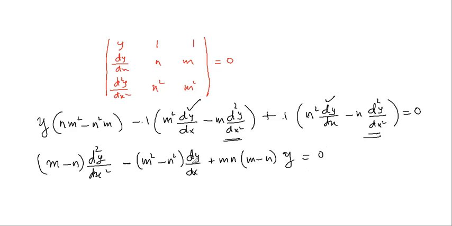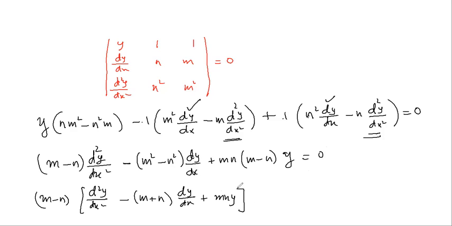What is the benefit of me writing this way? m minus n is a common term in every statement. Inside the bracket, d2y by dx2 minus (m plus n) dy by dx plus mny equal to 0 is your differential equation.